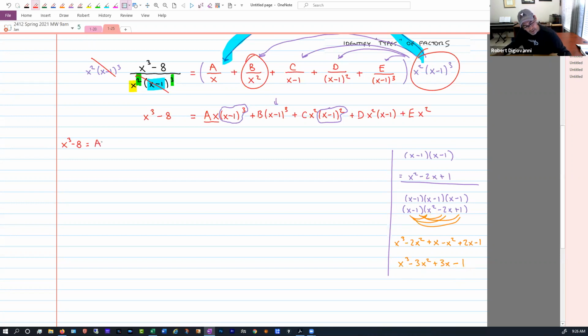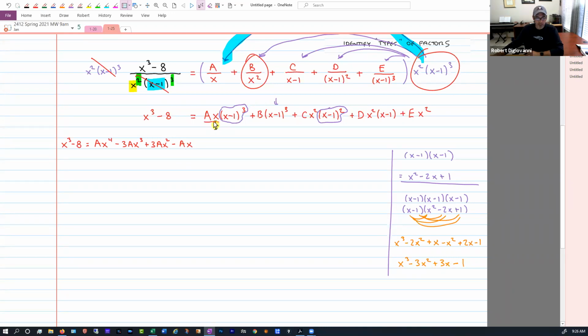I should get ax^4 - 3ax^3 + 3ax^2 - ax. Do you all agree that that's what would happen if I take this in orange and hit it with an a times x?